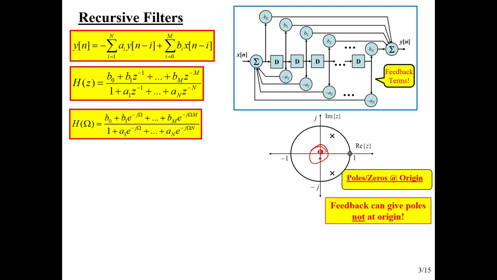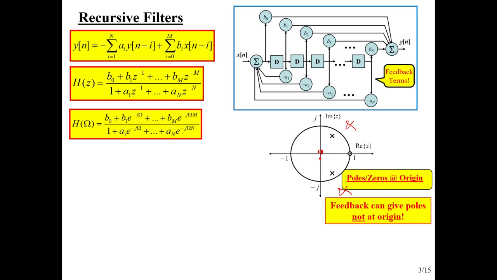But we'll see when we get to non-recursive filters that the only place we'll have poles will be at the origin. That's why I put a question mark there, just to call attention to that. These poles could even be outside the unit circle, in which case the filter would be unstable, and we would not want that.